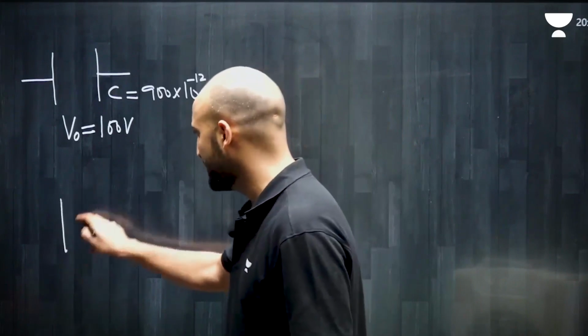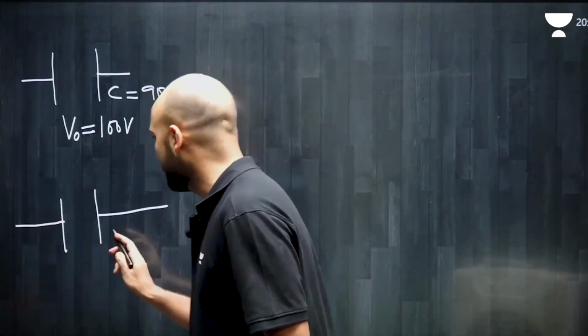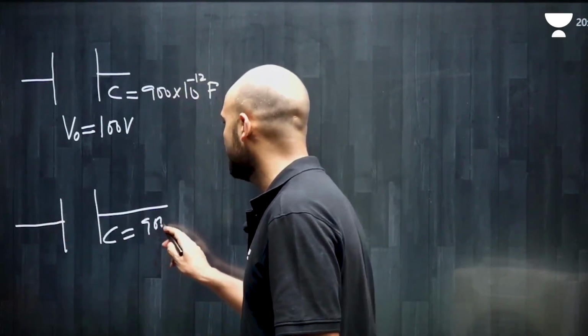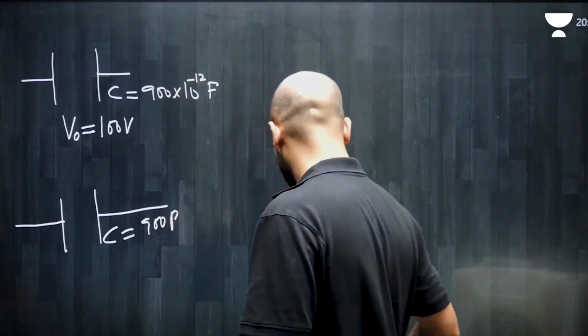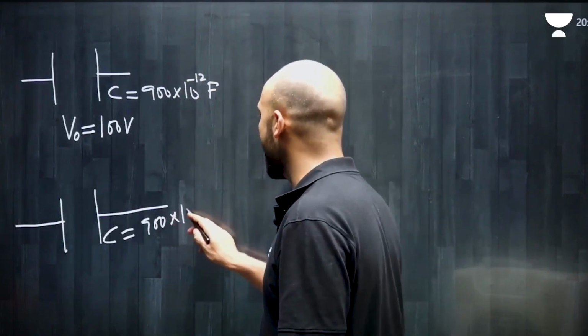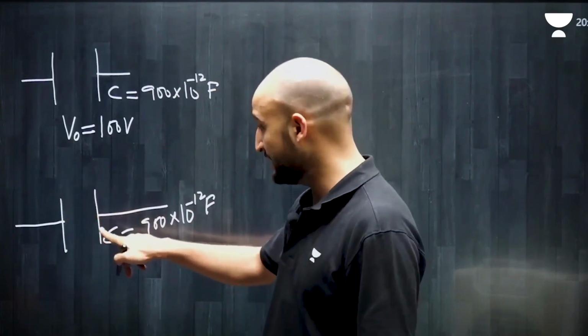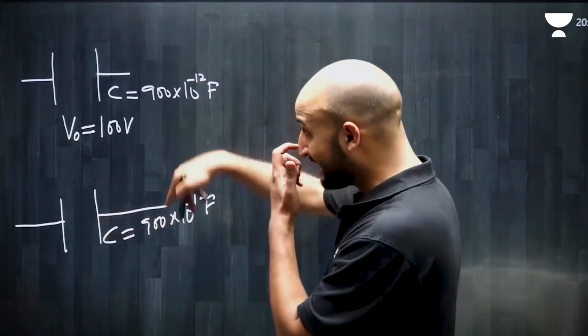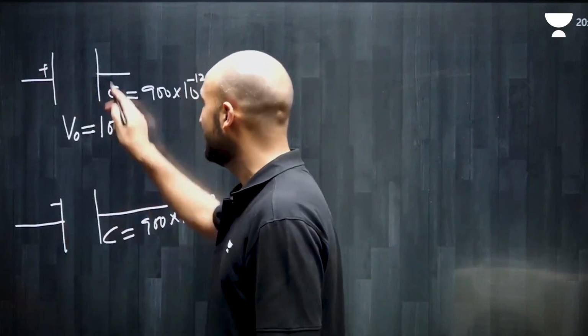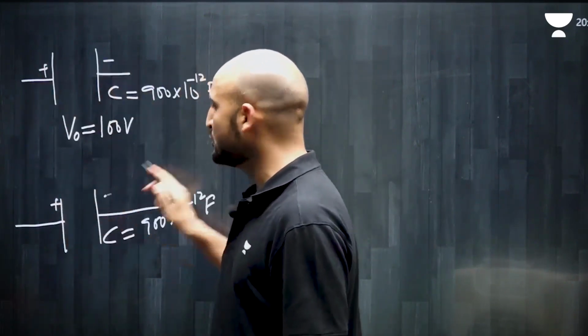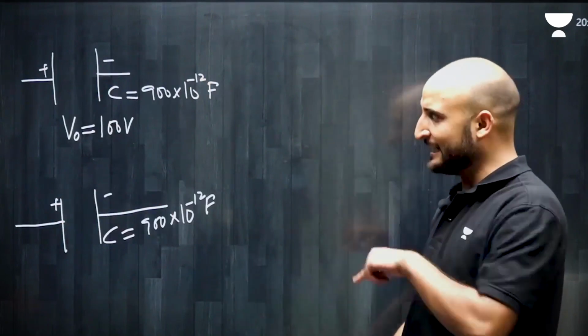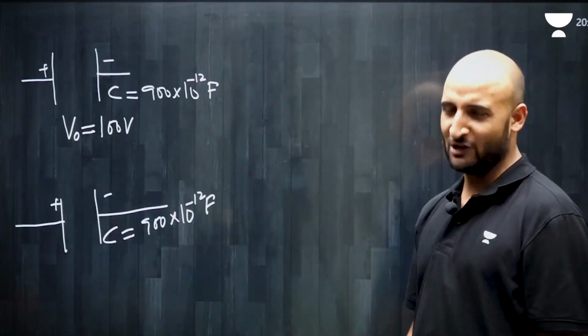You have one more capacitor. Capacitance is the same, 900 into 10 power minus 12 farad. Potential is 0 because it's uncharged. Now you're connecting them, positive with positive and negative with negative. Now when you're connecting them, what will happen?